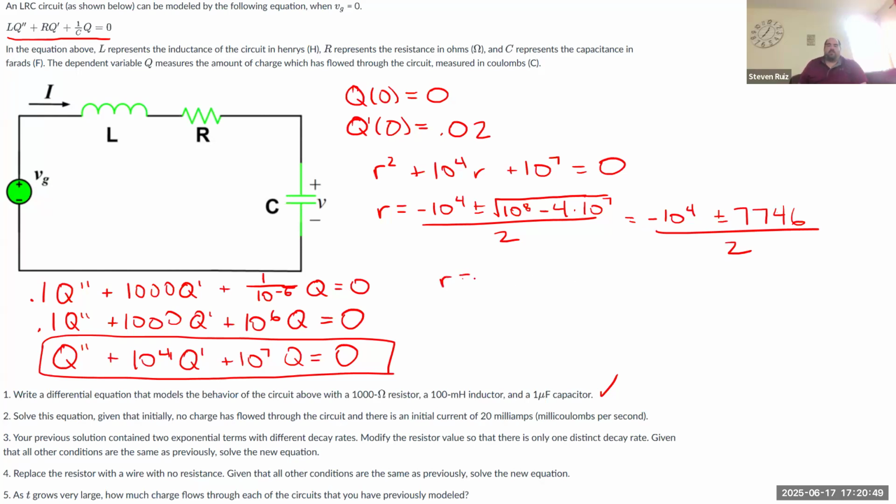So r equals, 10 to the 4th is 10,000, so negative 17,746 over 2, and also 10,000 minus 7,746 is 2,254, so negative 2,254 over 2.